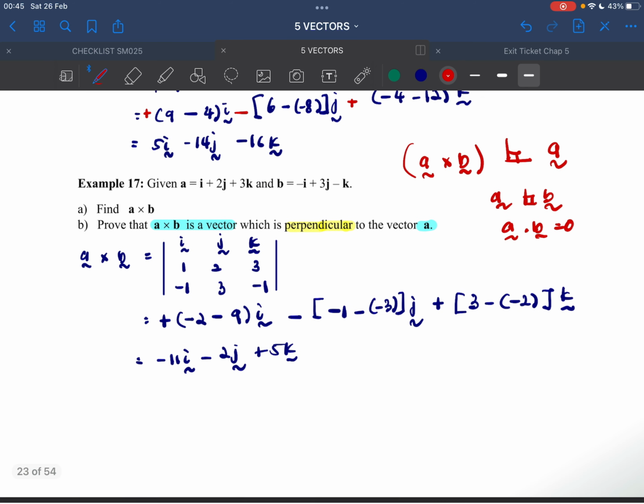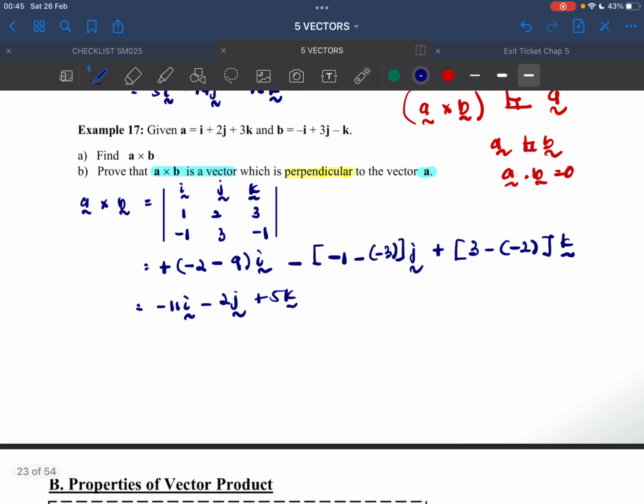So for our case here, we have to show that A cross B is perpendicular to A. That means we have to show that A cross B dot A equals 0.